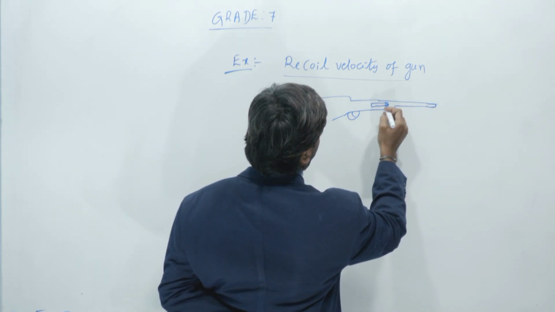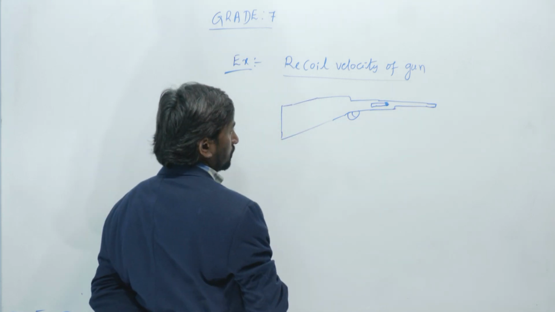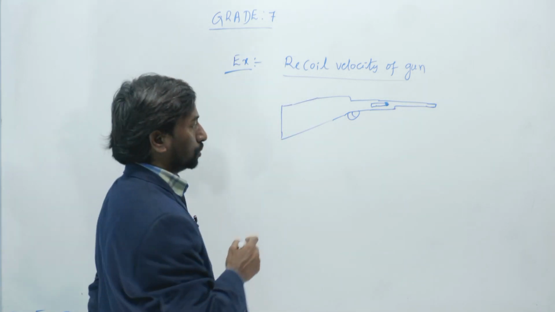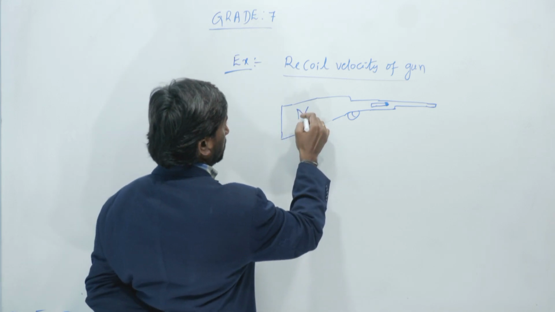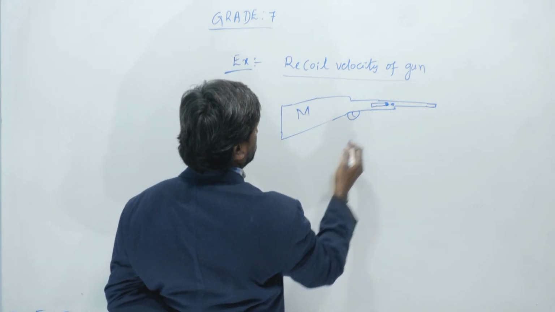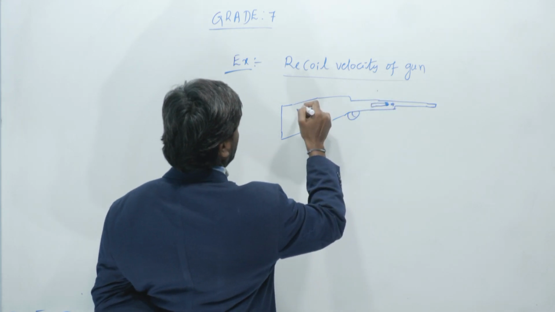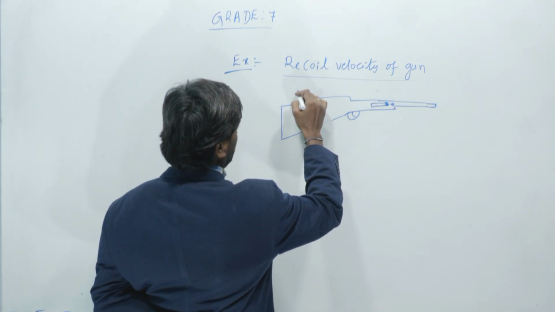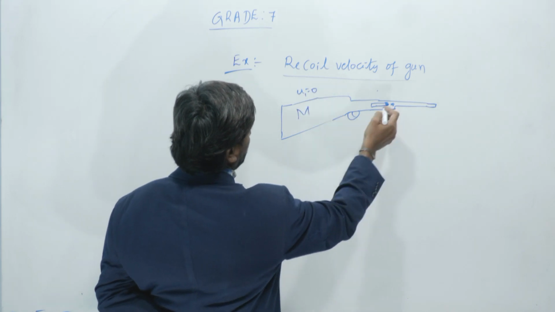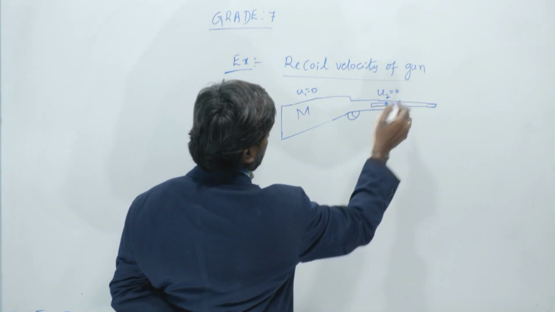Before the gun is fired, this is the mass of the gun and the mass of the bullet. Initially the gun is at rest, so u1 is at rest. Even u2 is at rest, the bullet is also at rest.